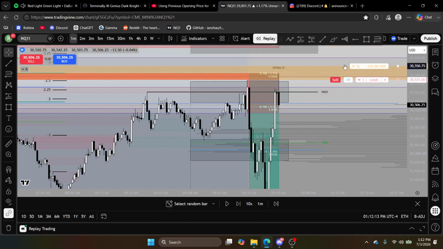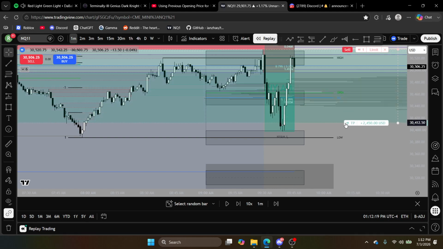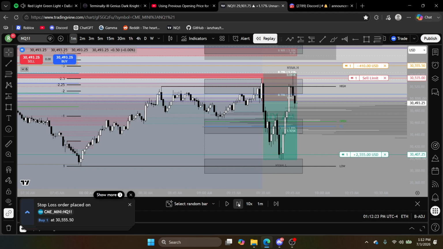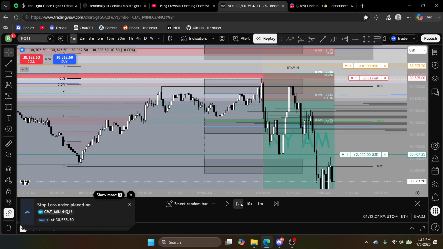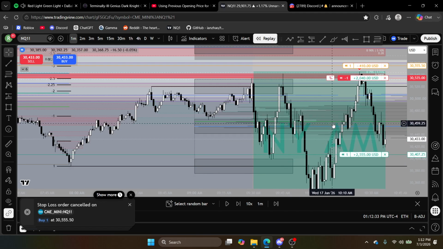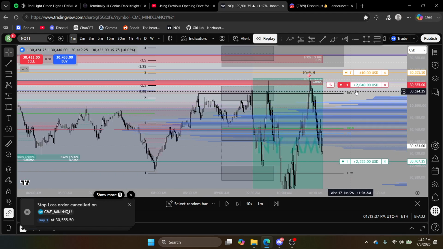If I can get a trade off that, I'll be happy. I want to be able to see the SMTs in real time. Do rejection blocks formed by SMTs work better? That's the question, though.